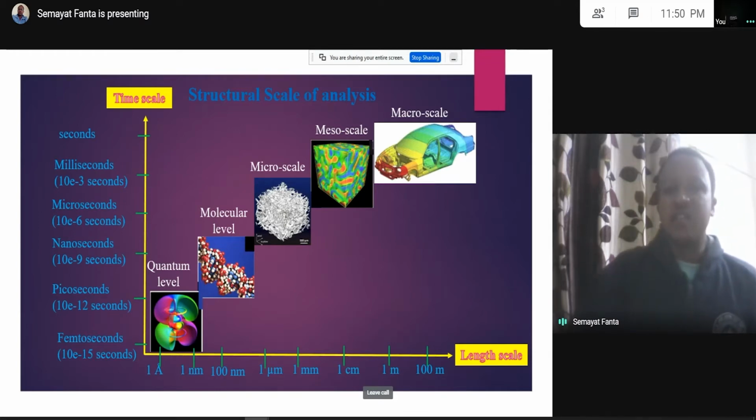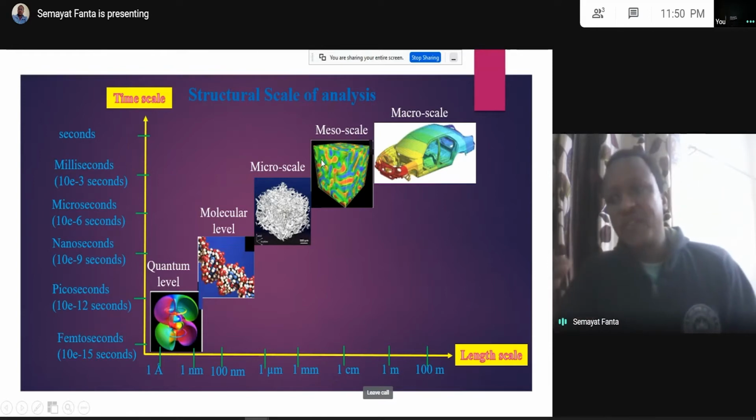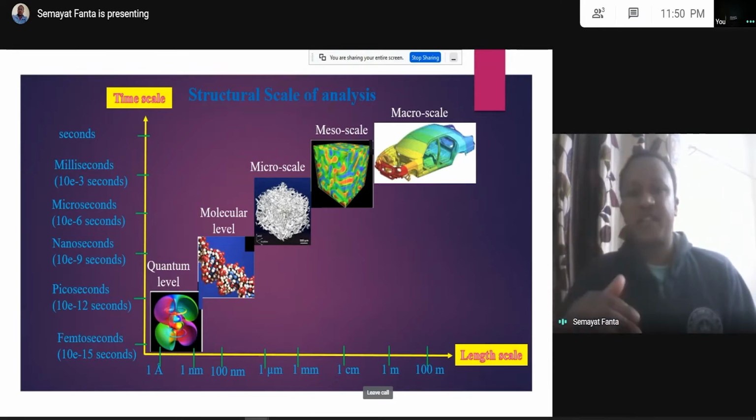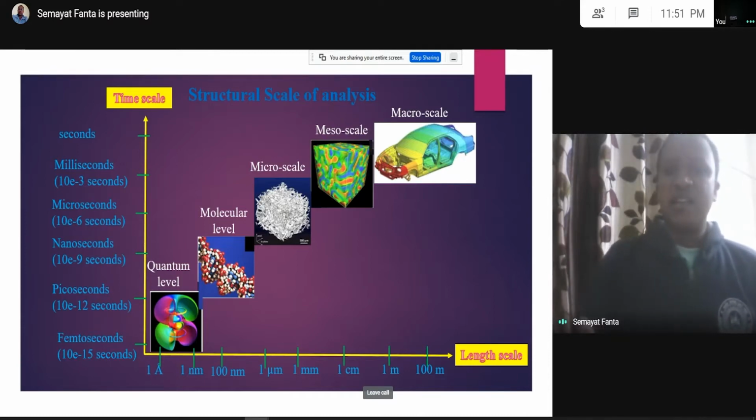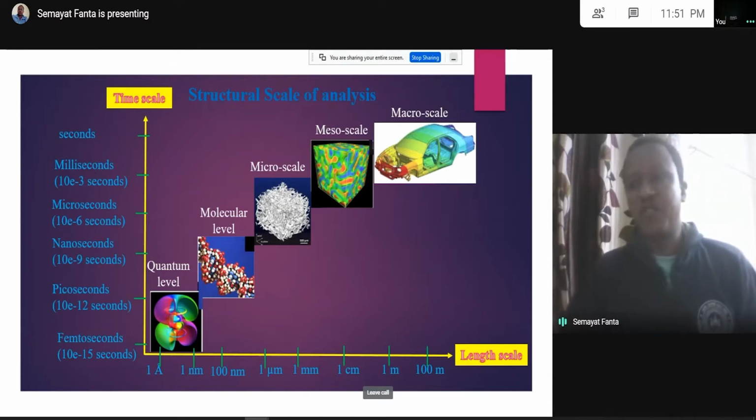And then, further going up, we can see the mesoscale, which is either the representative volume element scale or the lamina scale. Lamina means a single lamina. When we use composites, we stack single laminas and increase thickness by adding more and more laminas on it.